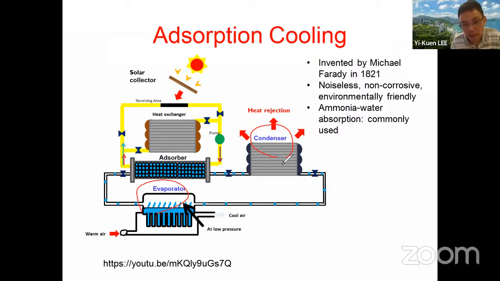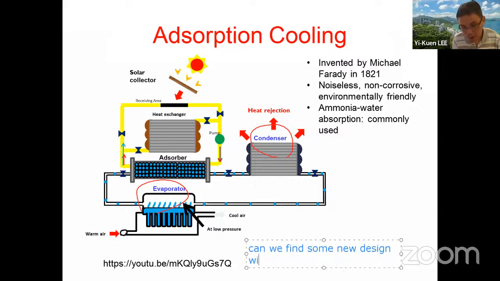The typical air conditioner we showed in the first slide has a compressor that can produce noise, right? So in this case, people want to find, hey, can we come up with a much quieter air conditioning system without a compressor? This is an important question. Can we find a new design without this very noisy compressor?